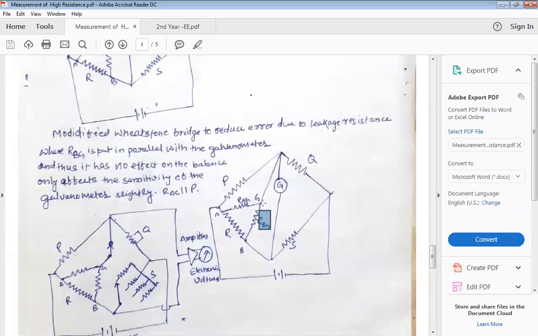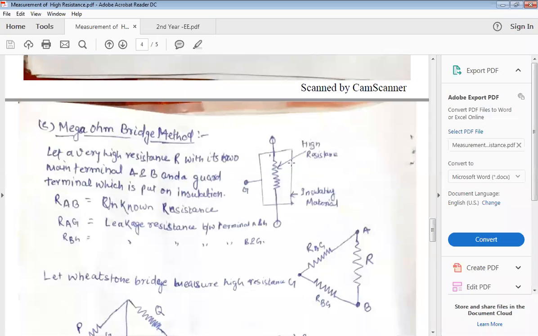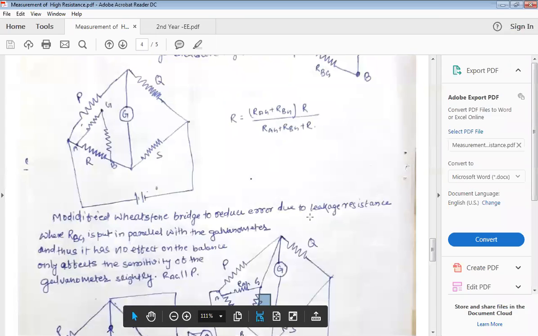So using this method you can measure a high resistance. The mega ohm bridge is a modification of the Wheatstone bridge, and using this bridge you can reduce the effect of leakage resistance due to insulating material. Okay, any doubt?